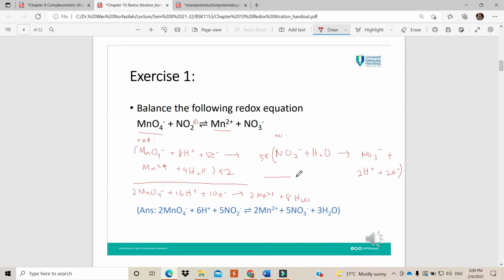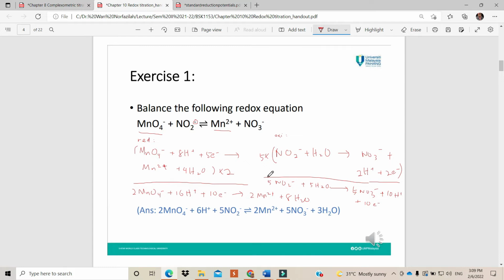And then for oxidation, times 5, we will have 5 NO2 minus plus 5 H2O. Okay, producing 5 NO3 minus plus 10 H plus 10 electron. Okay, so now both of them already have the same number of electron.